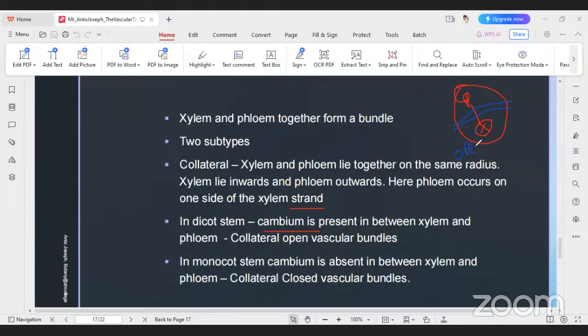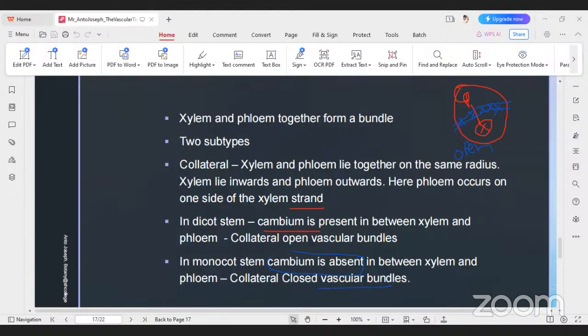What happens in monocots? In monocots, this cambium is absent between xylem and phloem. Same arrangement, same radius, but no cambium. If there is no cambium, that is called closed type. Present, open type. Absent, collateral closed vascular bundle, in the monocot stem.